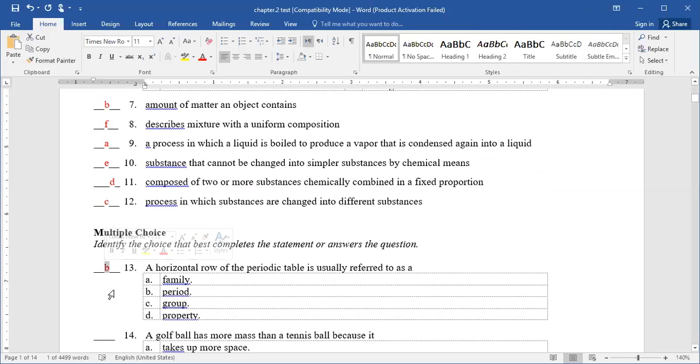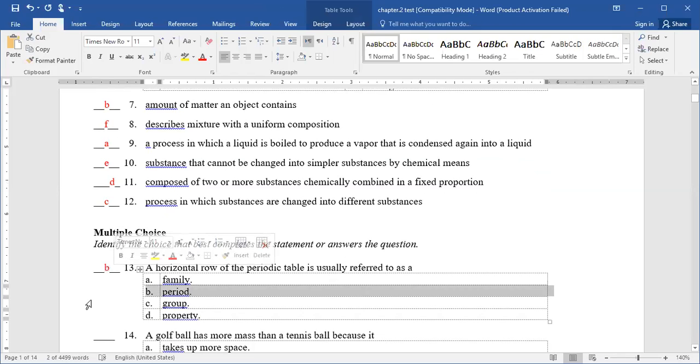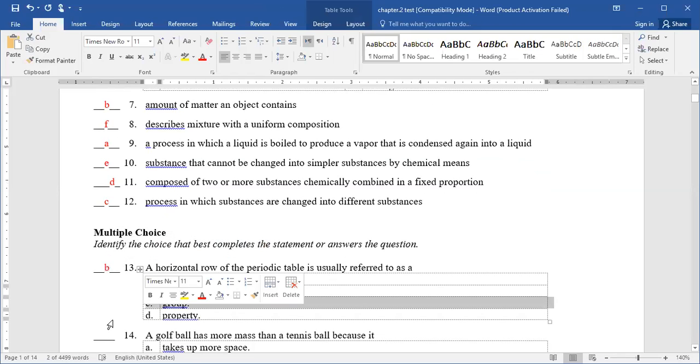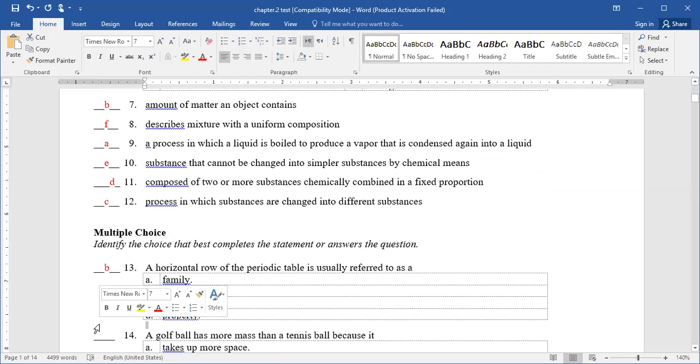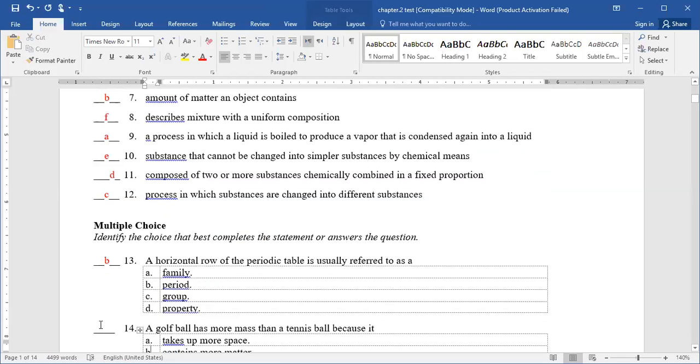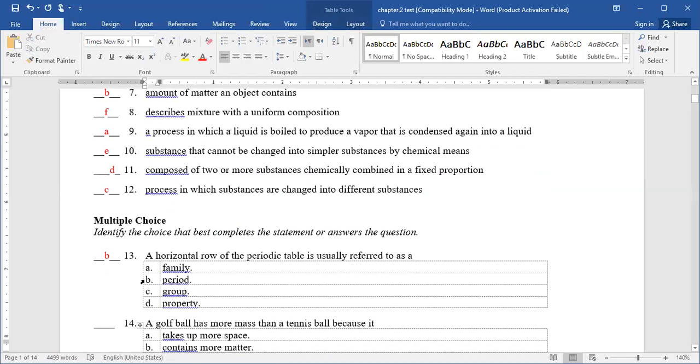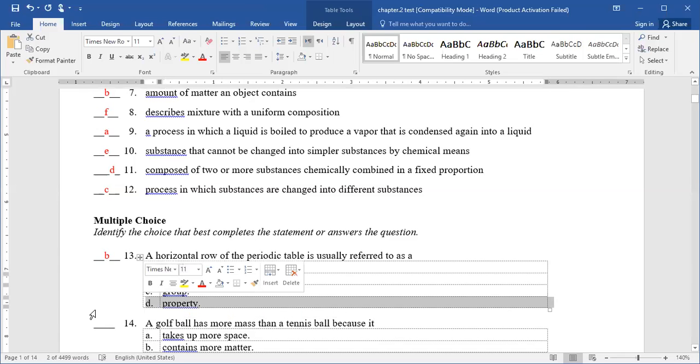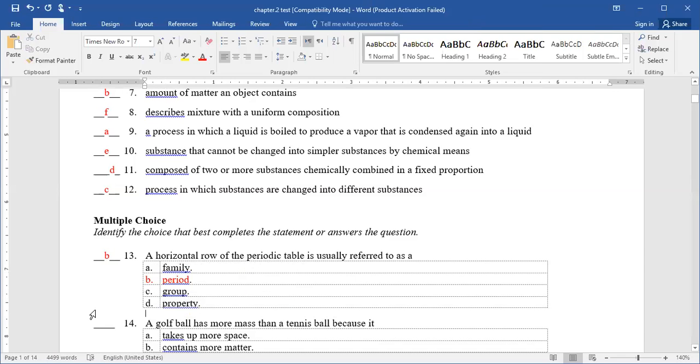But if I say vertical, it would be group. Let's go on, guys.